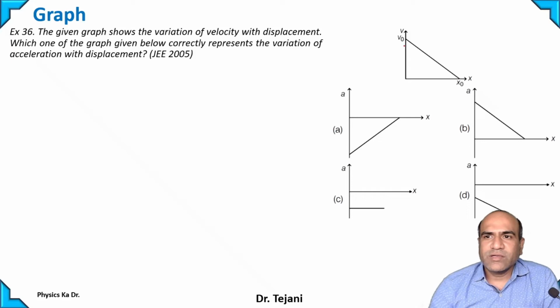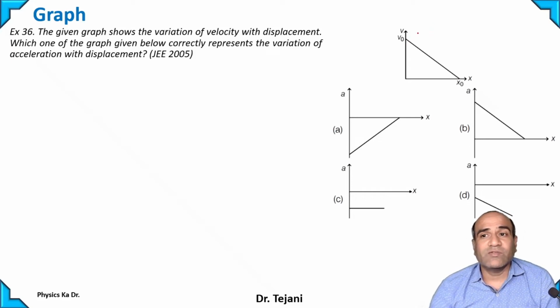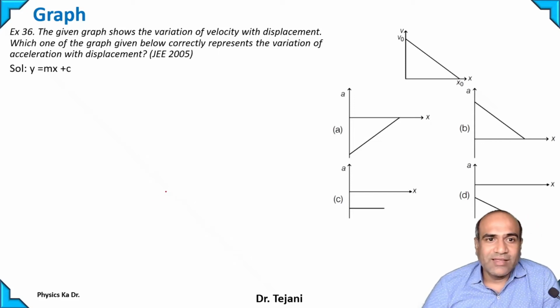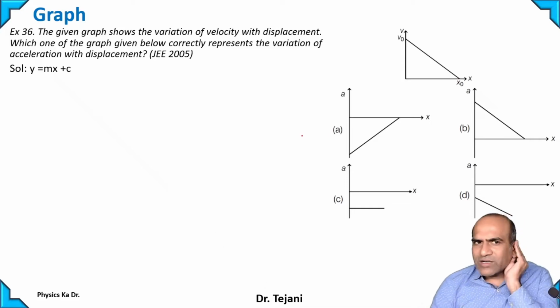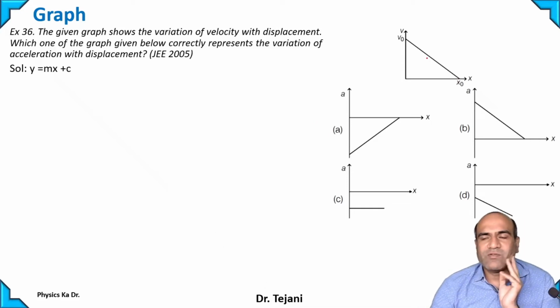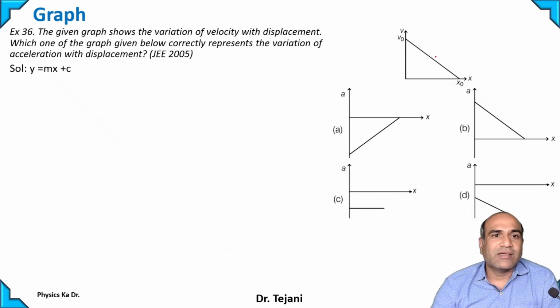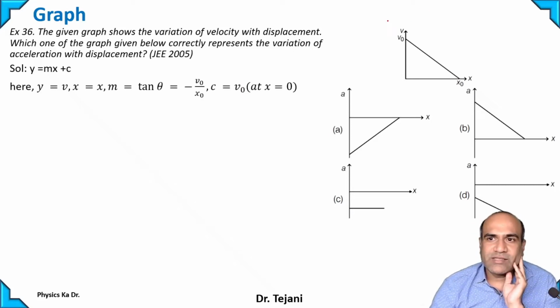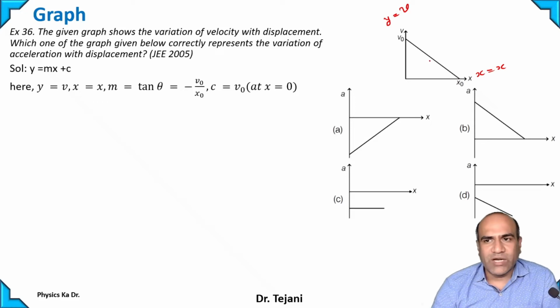Here the graph is given as velocity versus displacement, and the relation is linear. So from that, we know that y is equal to mx plus c. If you want to find m, we can say y is v, x is x, and m is equal to tan theta.